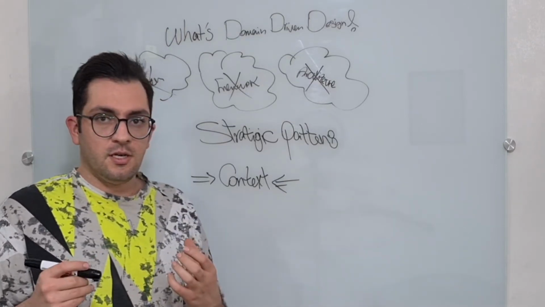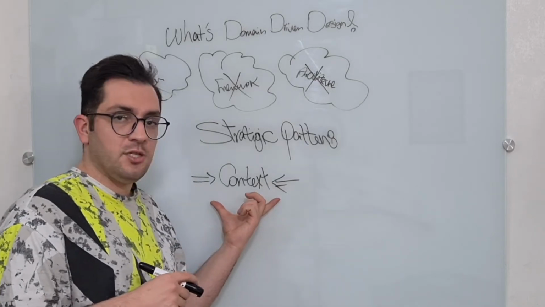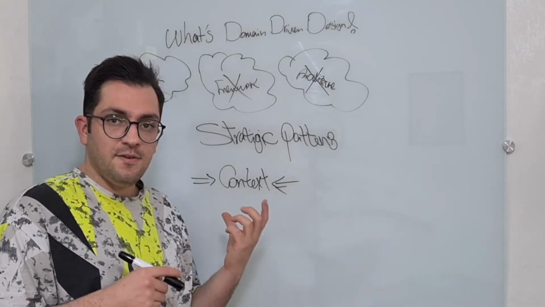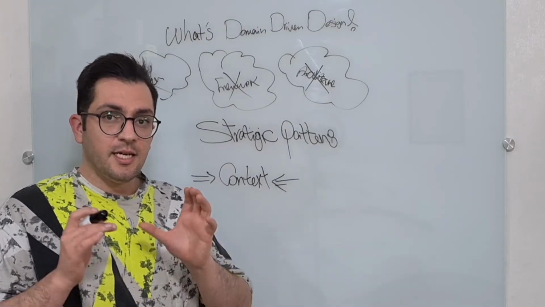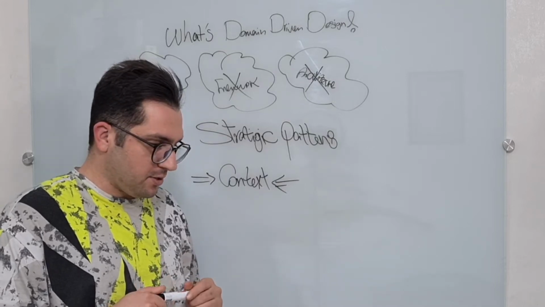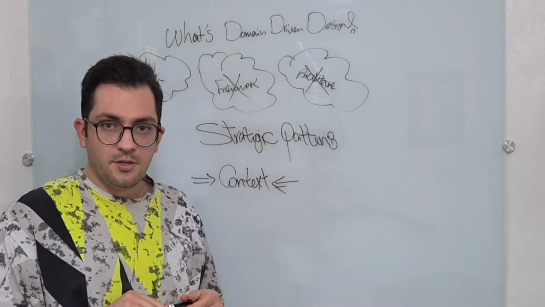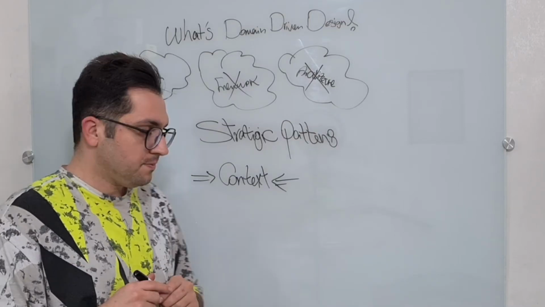In domain-driven design, it's super important to understand and distinguish different contexts and define them as bounded contexts and encapsulate them in bounded contexts. Why do they matter, how do they matter, why are they important? I'll give you an example in mathematics.